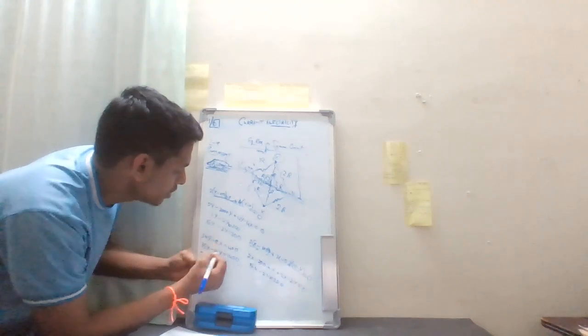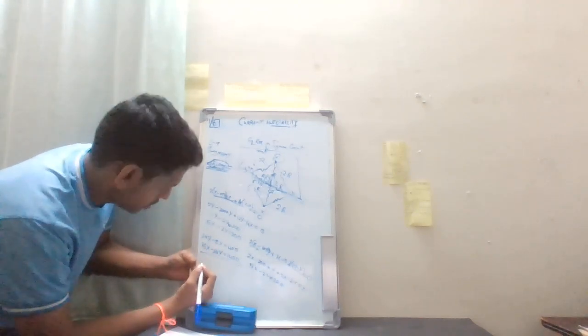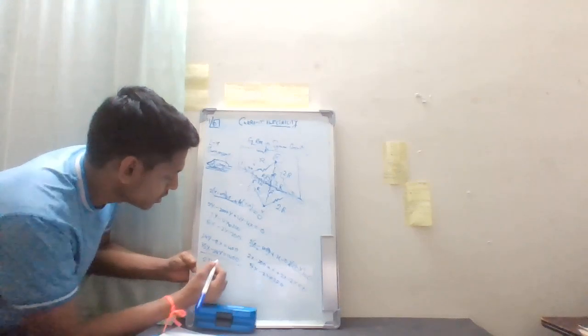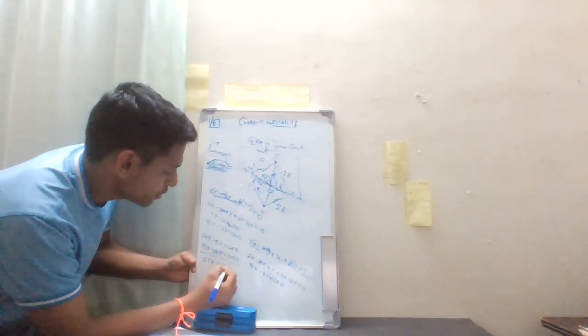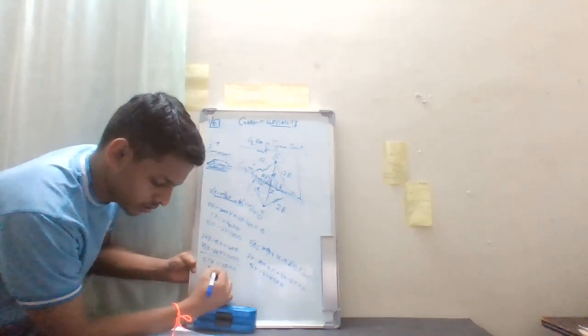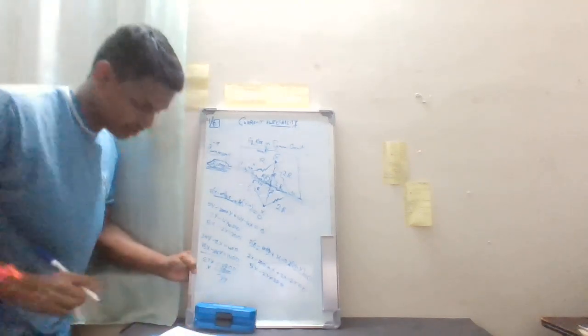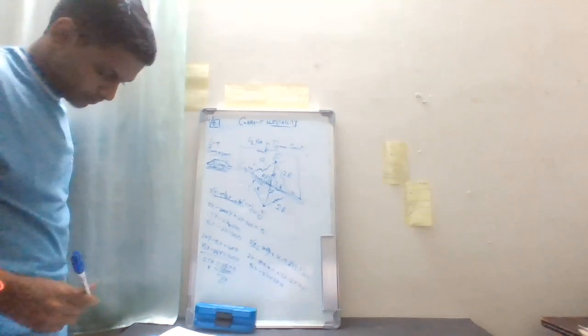So if we add, these get cancelled. 35 minus 8, 27X equal to 1800. X equals to 1800 by 27, isn't it?